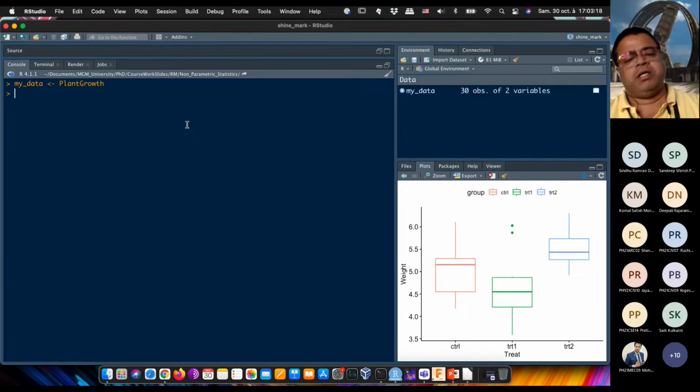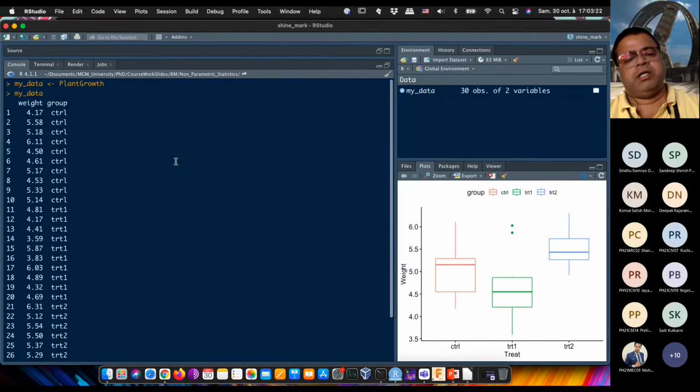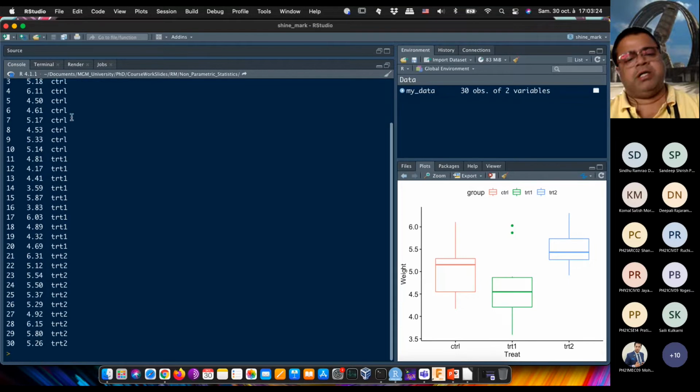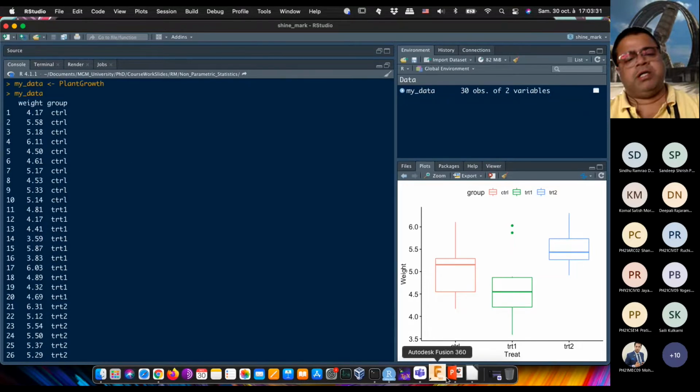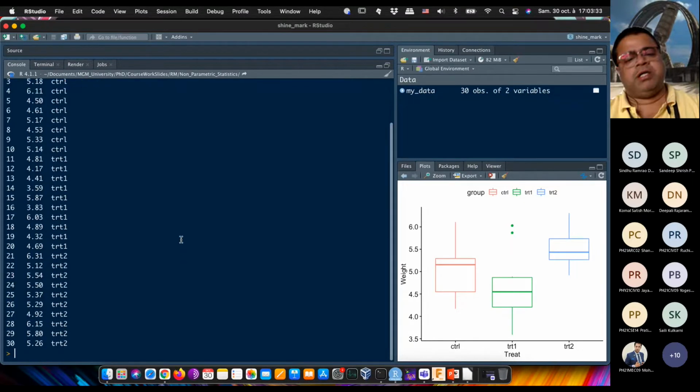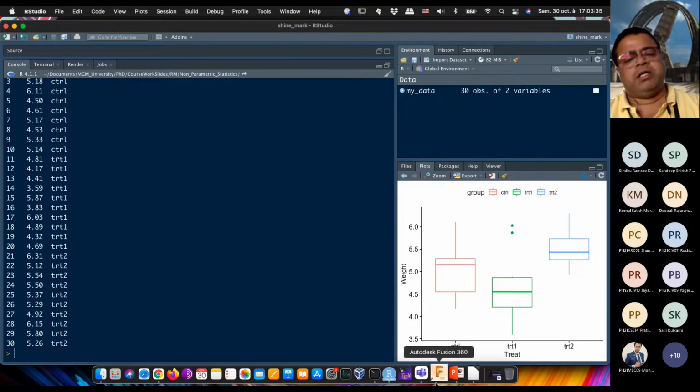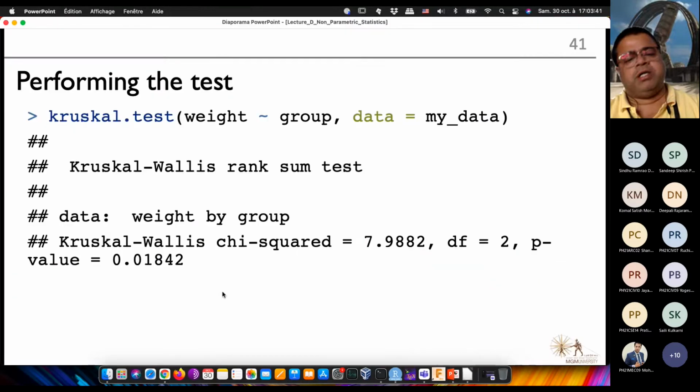So this plant growth data, look at the plant growth data. So there are three different kinds of treatments. One is the control one, there is treatment one, and there is treatment two. This is how the plot looks like. Okay. And if I want to find out the difference in the treatments, whether there is a difference in the treatments using the Kruskal-Wallis test, this is how it is, and the weight has to be compared against the groups.